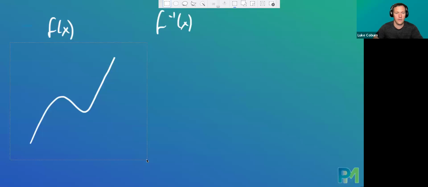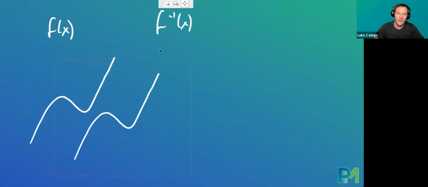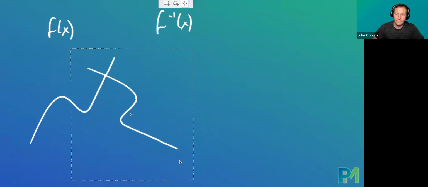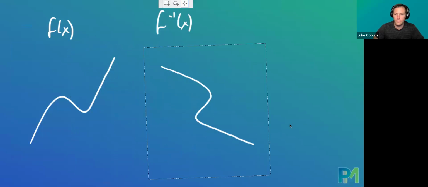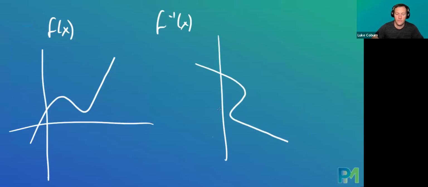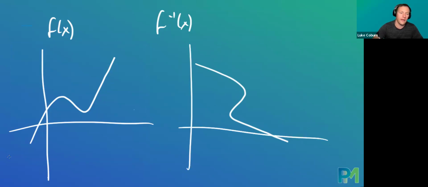Okay, we draw the xy axis, and then we draw the xy axis again. This is the x-axis, this is the y-axis, and the function takes in x and it coughs out y. It takes in this value of x here, and it coughs out this value of y here.